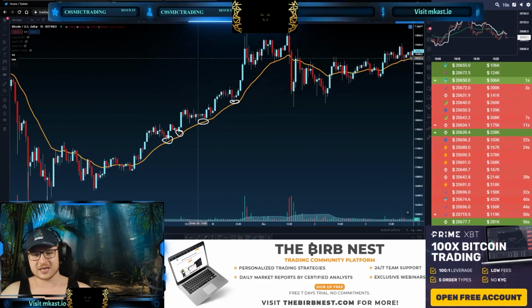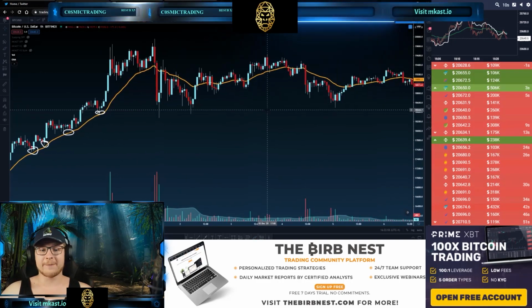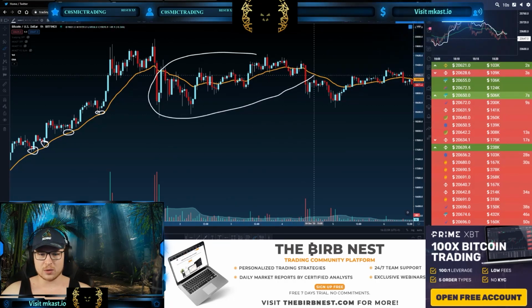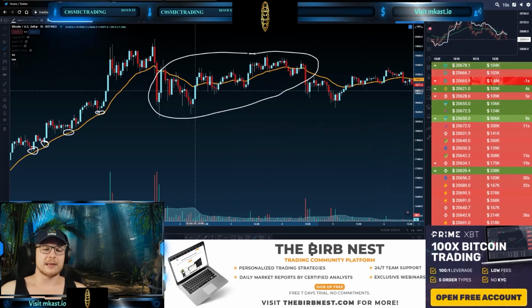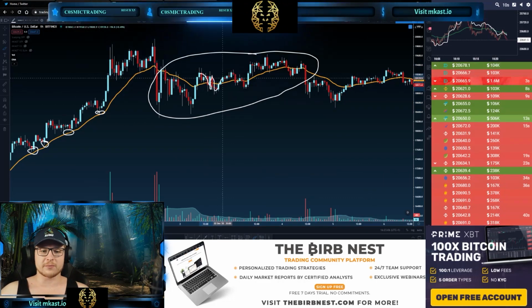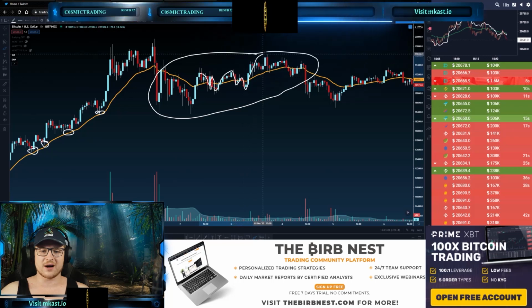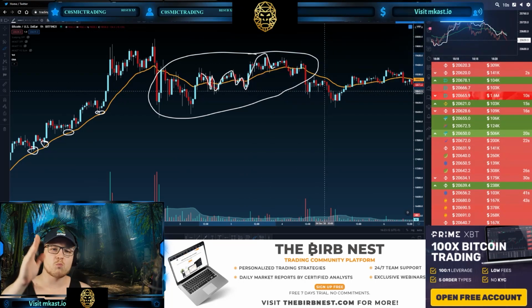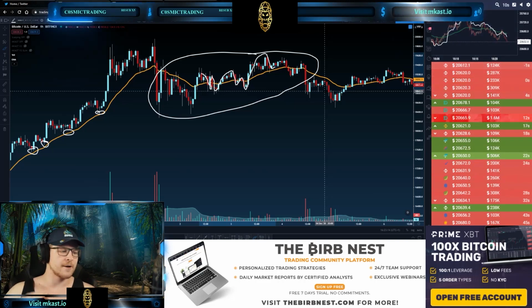Now, this is quite simple and easy, but what happens whenever we see a scenario like this one right here? For example, we get signals and it closes below and above and below and above, and so on. What do you do then? Here comes the most important rule, guys.